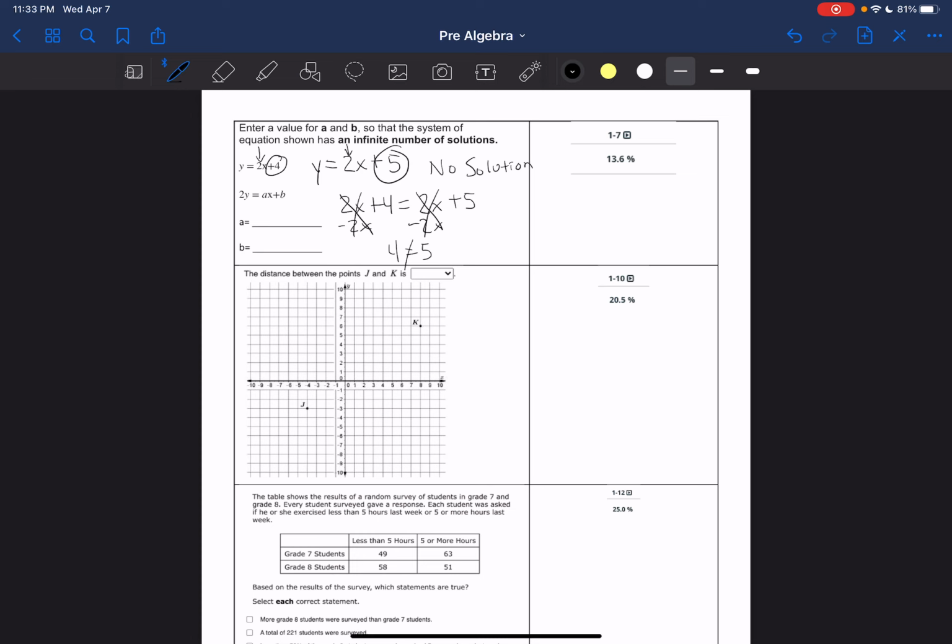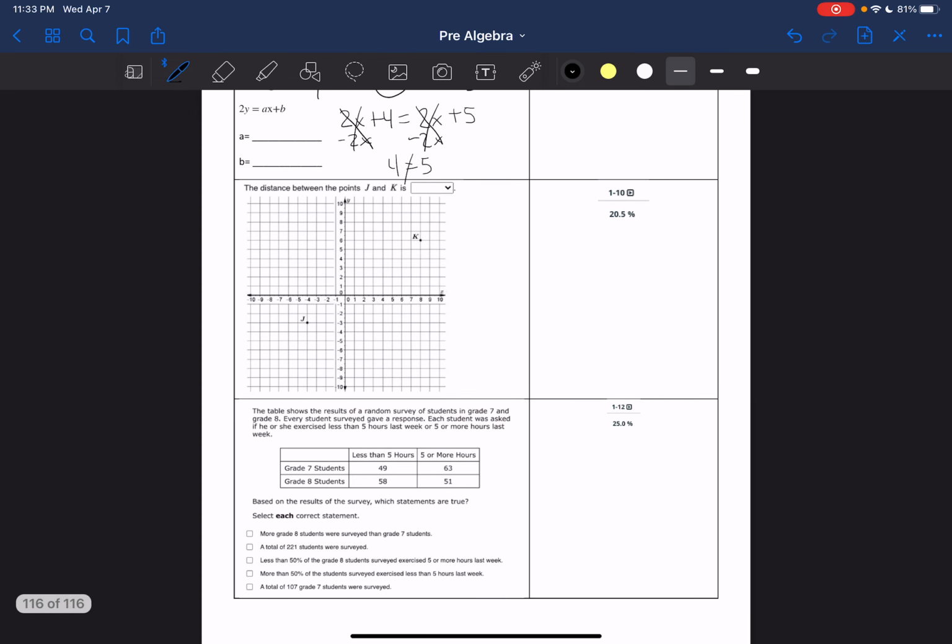Let's look at question number 10, and this asks us to find the difference, or the distance between points J and K. So there are two methods that are listed in our OneNote notes. We can either draw a right triangle and use the Pythagorean theorem to find the distance between the 2 points.